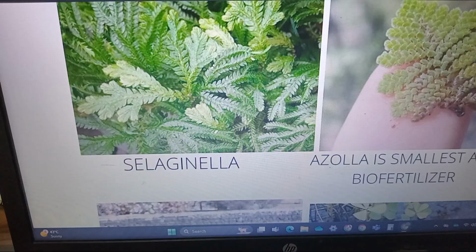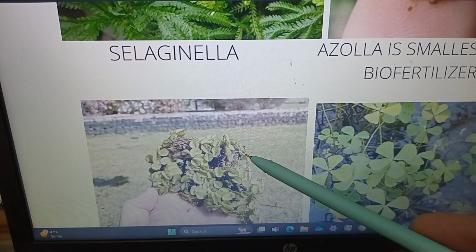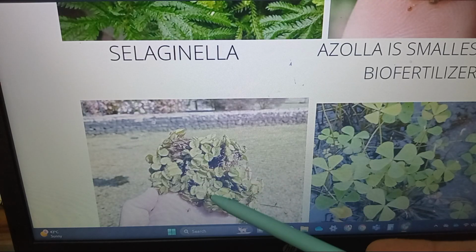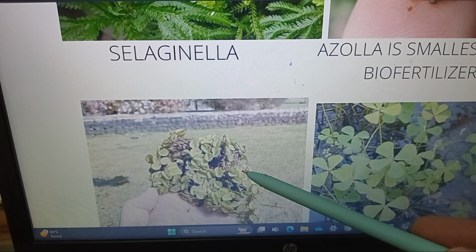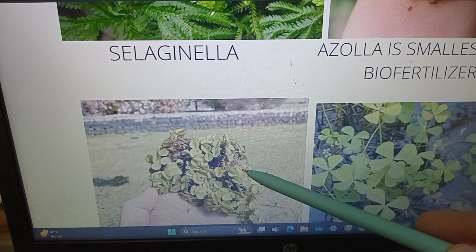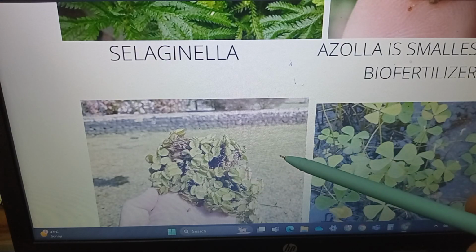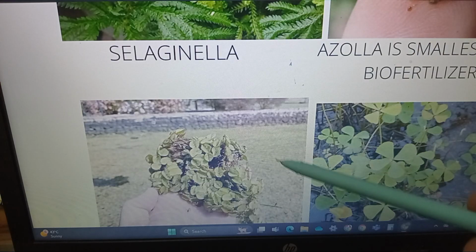two types of spores are produced: small spores, which are microspores, and large spores, which are megaspores. The microspores will produce the microgametophyte, which will go somewhere far away and will produce the male gametes.